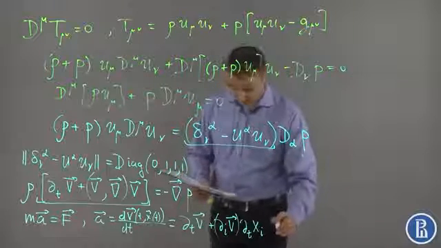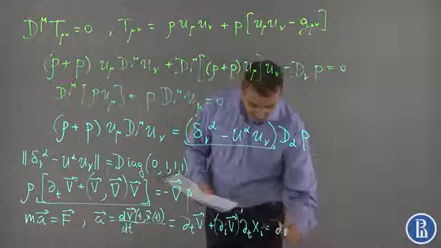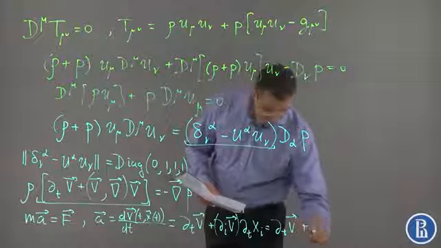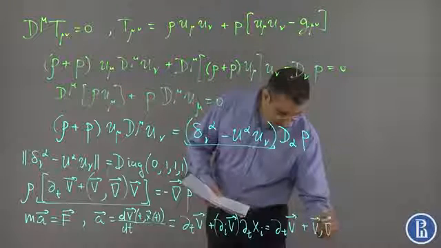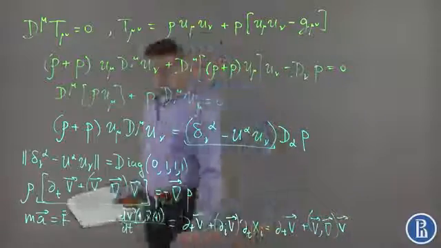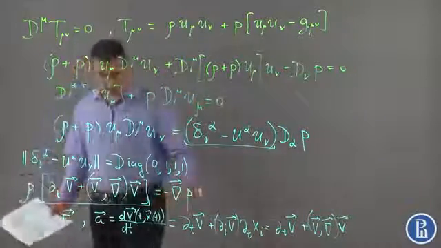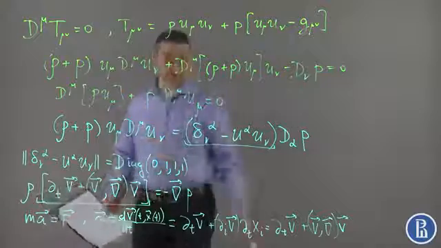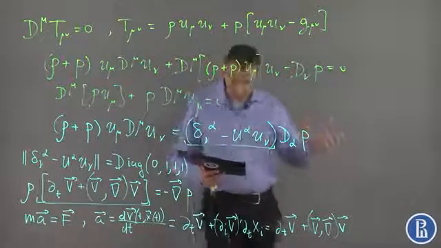Well, this is nothing but ∂_t v plus v times the gradient of v. So this equation is the Euler equation, which has an obvious meaning. This equation is its relativistic extension.